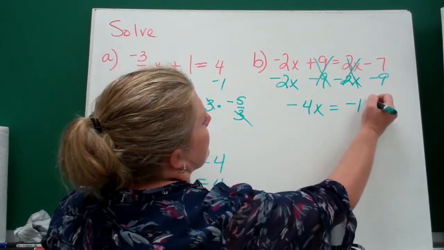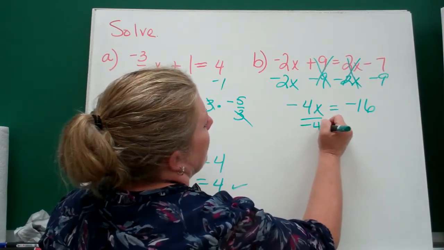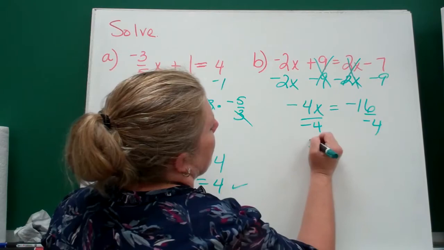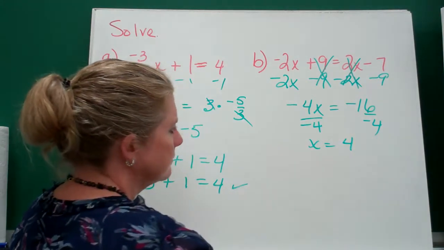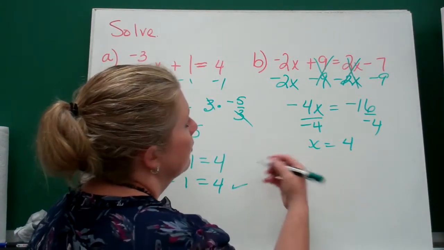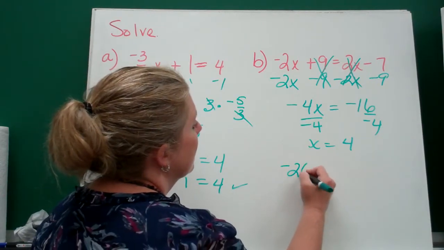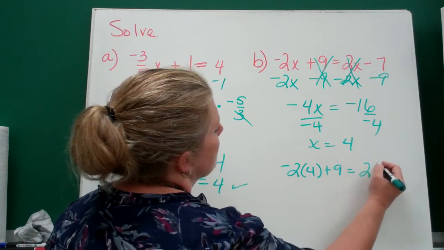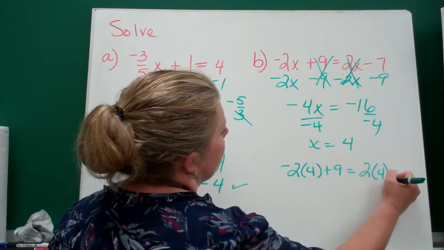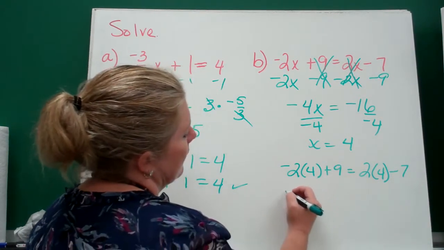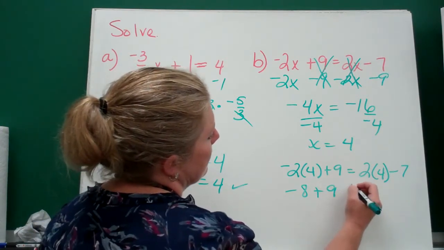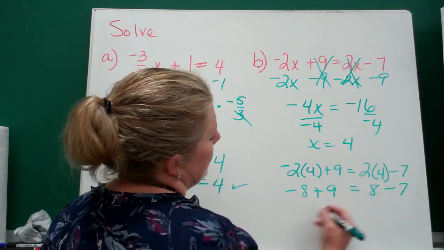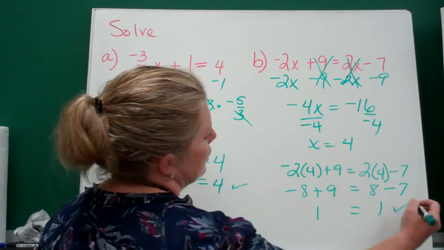Equals -16, divide by -4, x equals 4. Check, plug it into the original. -2 times 4 plus 9, does that equal 2 times 4 minus 7? -8 plus 9, does that equal 8 minus 7? We've got 1 and 1. Check.